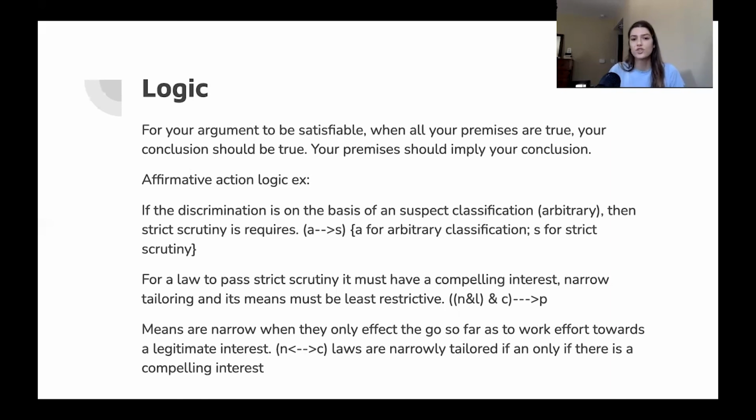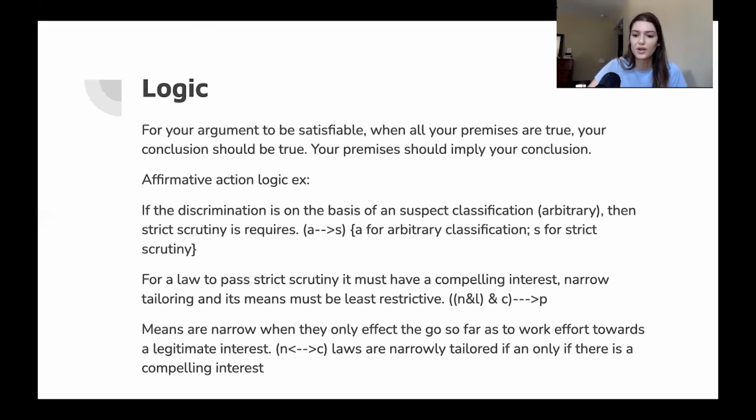If discrimination is on the basis of a suspect classification, something that is not necessary or biological, a necessary classification would be gender with respect to a lot of things, because sex makes men and women biologically different. But arbitrary classifications would be things like race.